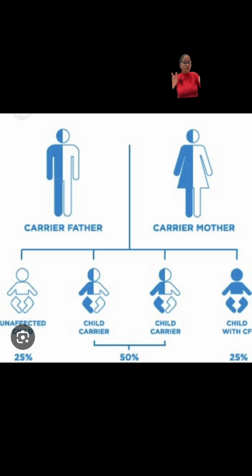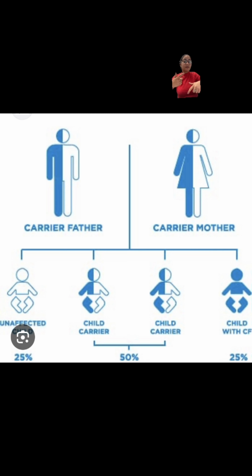That contributes to a total of 50%, but the major proportion, the other 50%, is that the child can be a carrier. If the father is carrying a gene and the mother is carrying a gene, there is a 50% overall chance that the child will be born a carrier of the gene.